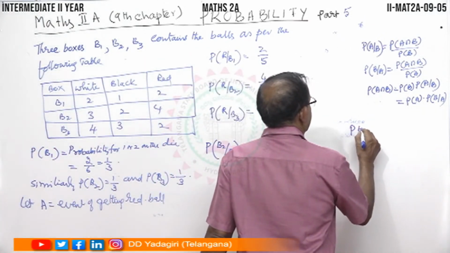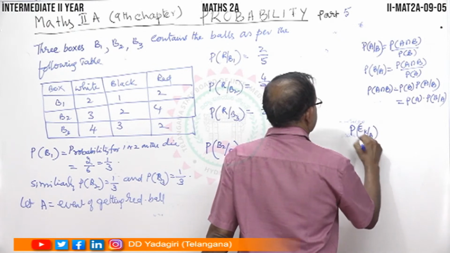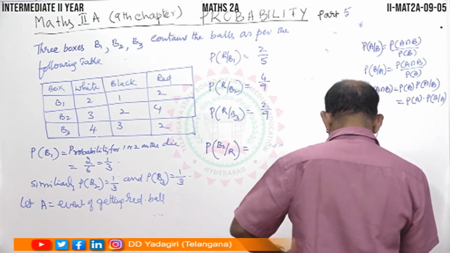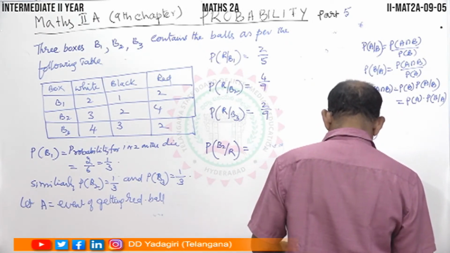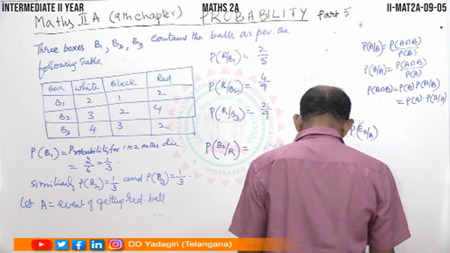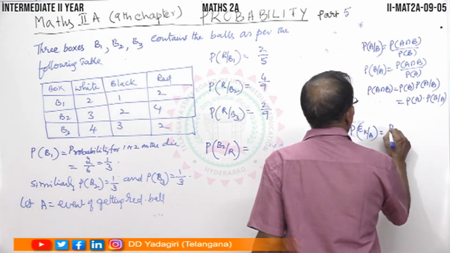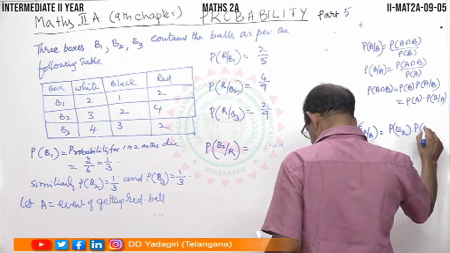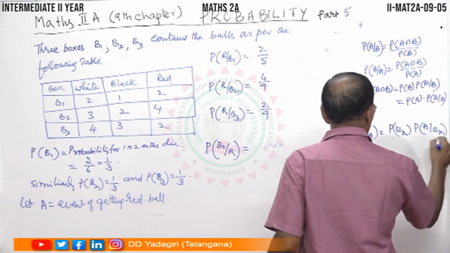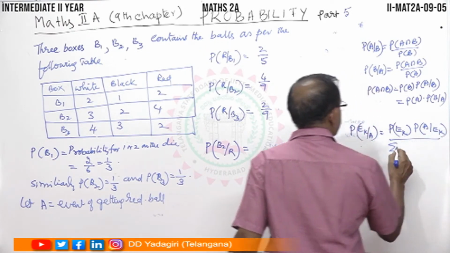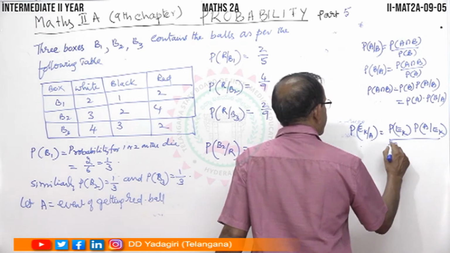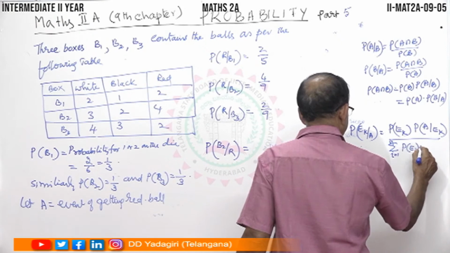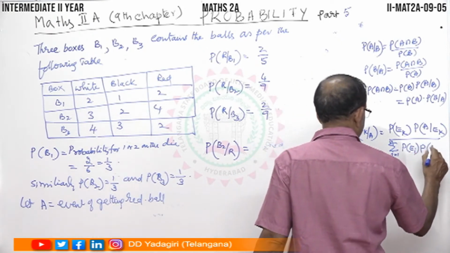P of Ek by A is equal to P of Ek into P of A by Ek, divided by sigma i equals 1 to n P of Ei into P of A by Ei.